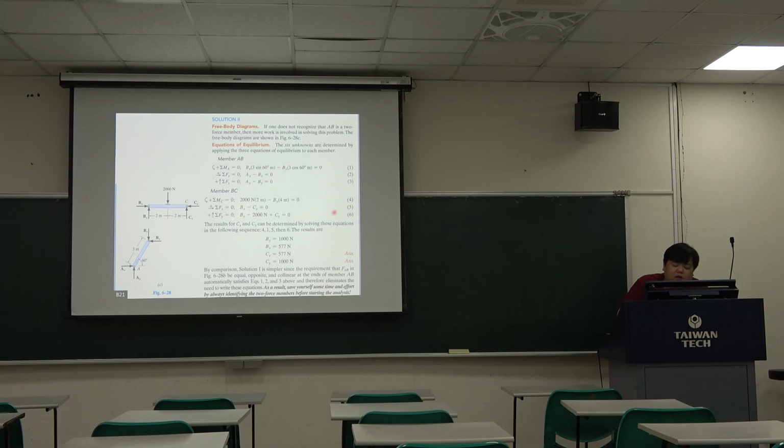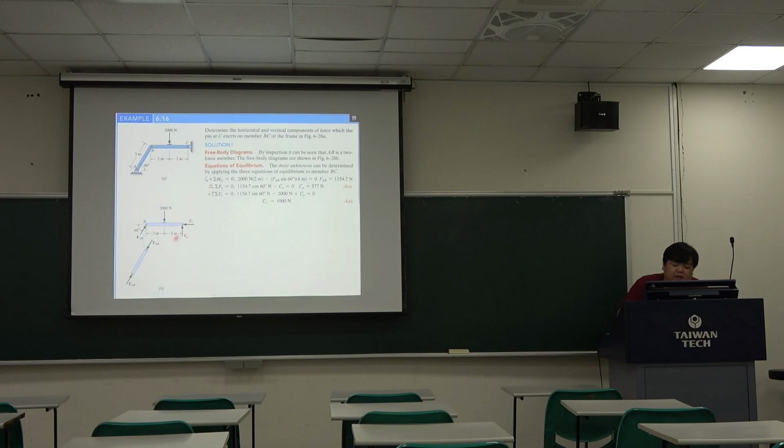Then we can do some manipulation and get the answer like this. So we have many ways to calculate, but if you exercise this, then you can find an easy way to solve this problem.